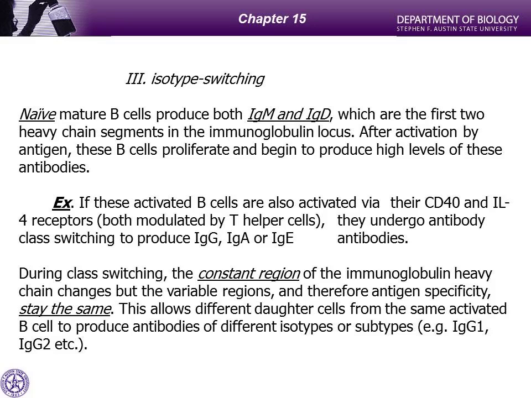We're going to see about 5 or 6 different isotypes of antibodies, and they're going to be different gene blocks that we'll plug in. And these isotypes are used at different times during an immune response or for certain locations in the body where you need very, very tough antibodies.